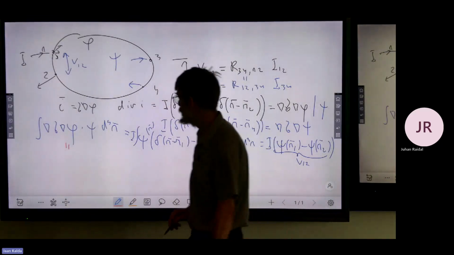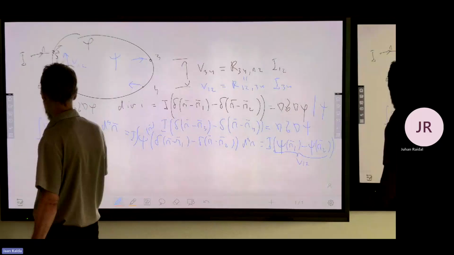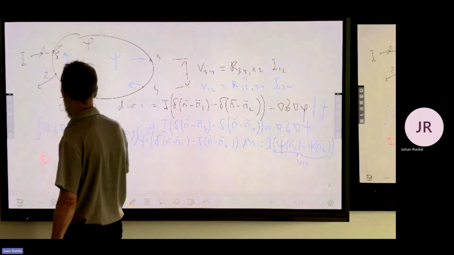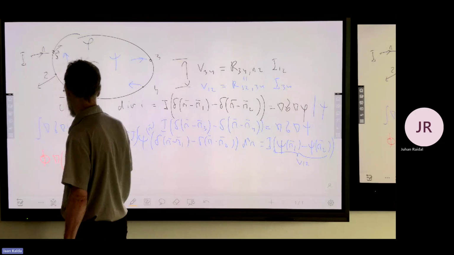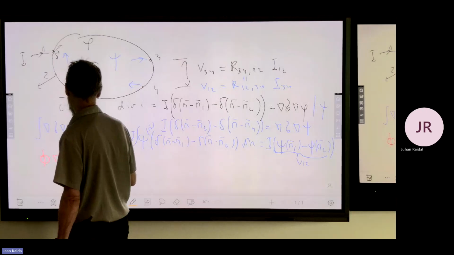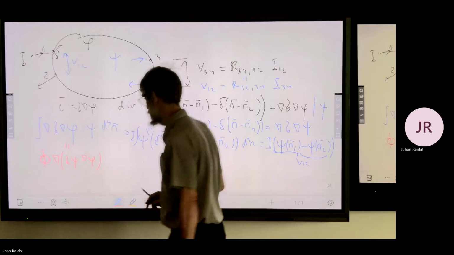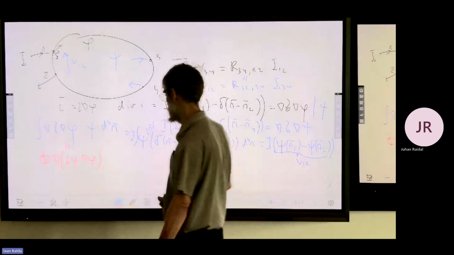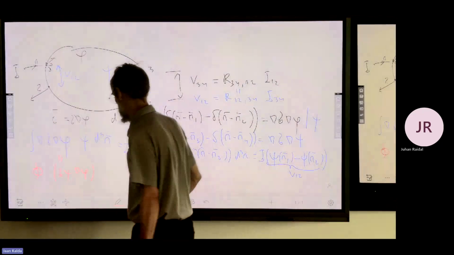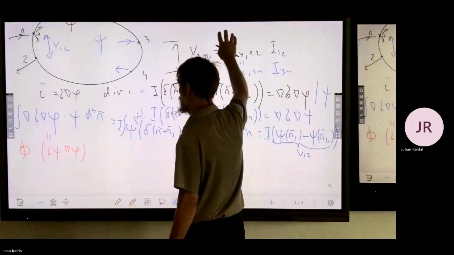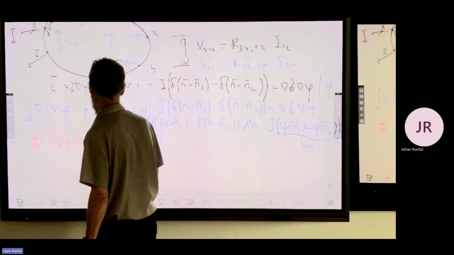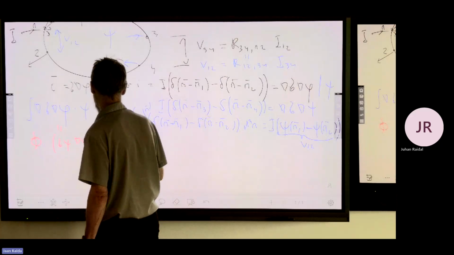If we do that, then we'll have a certain surface integral of sigma psi gradient of phi dotted with the surface element.